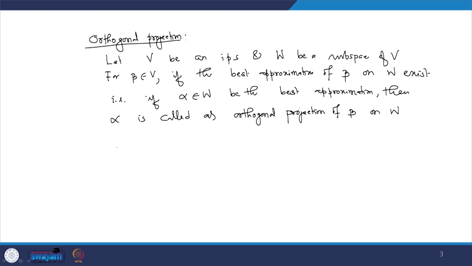See, in our last class we have seen if W is finite dimensional, then for each vector beta in V, the best approximation of beta on W exists, and that is also unique, which is having a typical form which is already known to us.